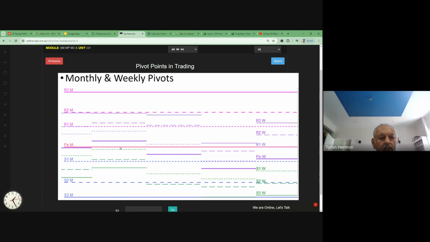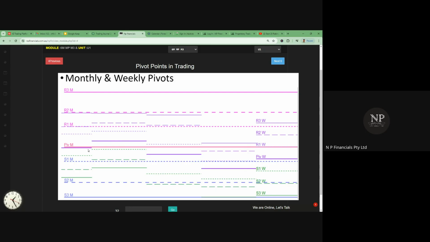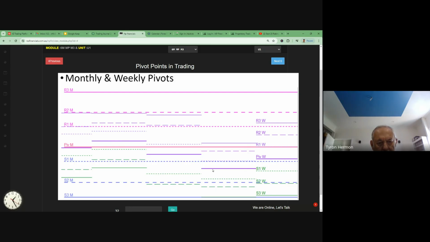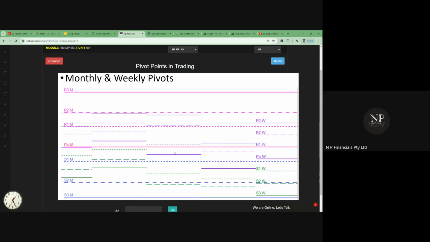Now, a question. Where is, you just pointed on one, two, three of those horizontal lines, the purple lines, below the monthly pivot line, that one, and the next one, and the right one. So now price is between the red line and the purple line, is it? Yeah, I'll show you. Just remember, if the pivot weekly is below the monthly pivot, then there is a possibility for price to go down.